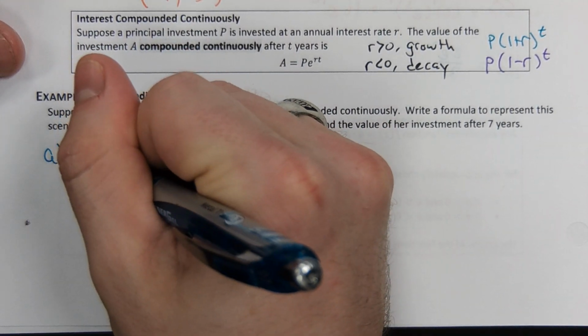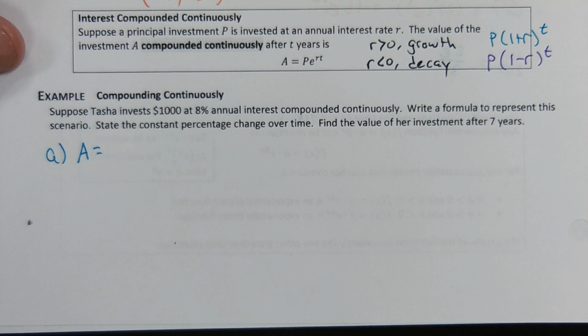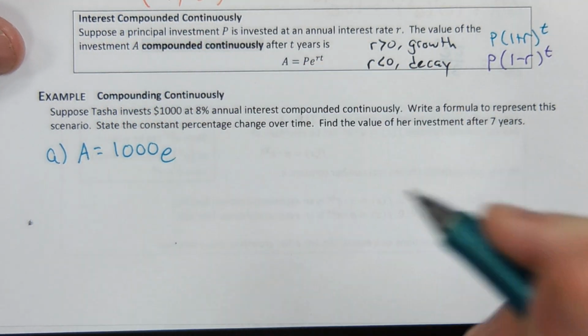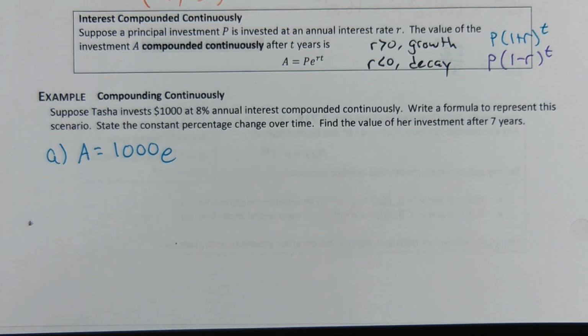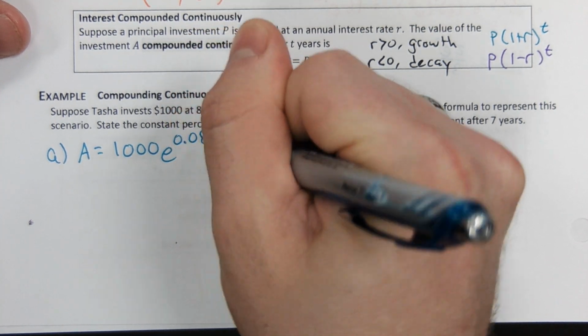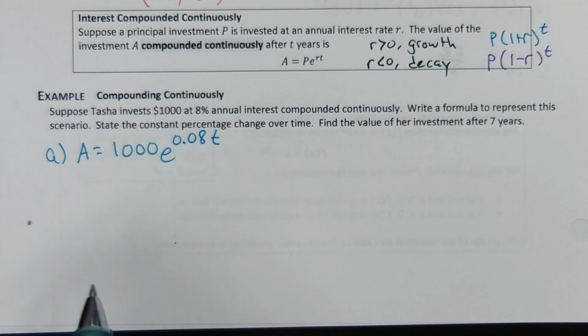The amount of money that Tasha has is her initial investment, times e to the r, which still cannot be written as a percent, 0.08 t. That equation models the amount of money that Tasha has in her bank account after any number of years you want. You just plug in the number that you want.